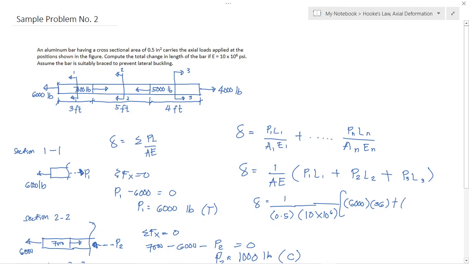Plus P2 L2, P2 is equivalent to 1,000 compression. So, meaning, minus mo na to. Pwede mo nang ilagay dito or simply dito na. Or since shortening siya, anyway, pwede mo dito sa P ilagay, pwede rin namang dito sa plus. Dito na lang.